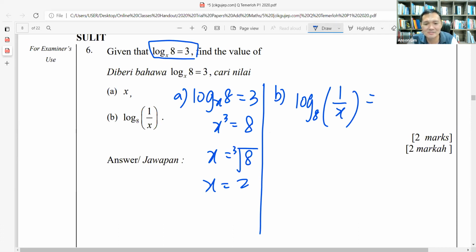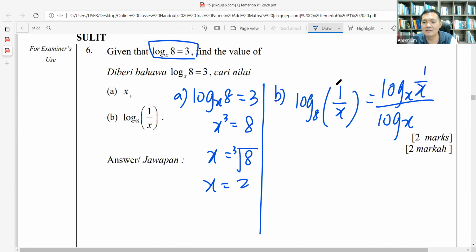Okay, so x is 2, right? So I saw the others also give 2. But the question B is -1/3. Okay, -1/3. So what is your answer? Log 1/x, right? This question, you have to know, you have to change the base to x. Change base to x, right?